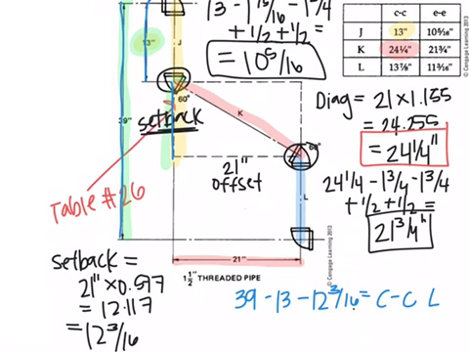Hey, you guys, as I was looking, when I converted our setback decimal to a fraction right here, this actually is not 12 and 3/16. It is 12 and 1/8. I looked at the book too quickly.